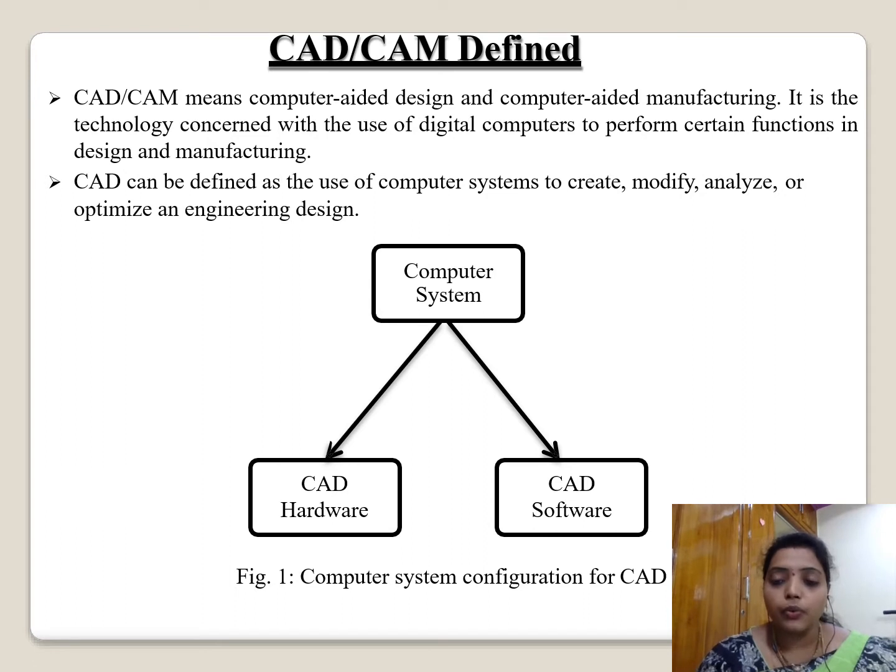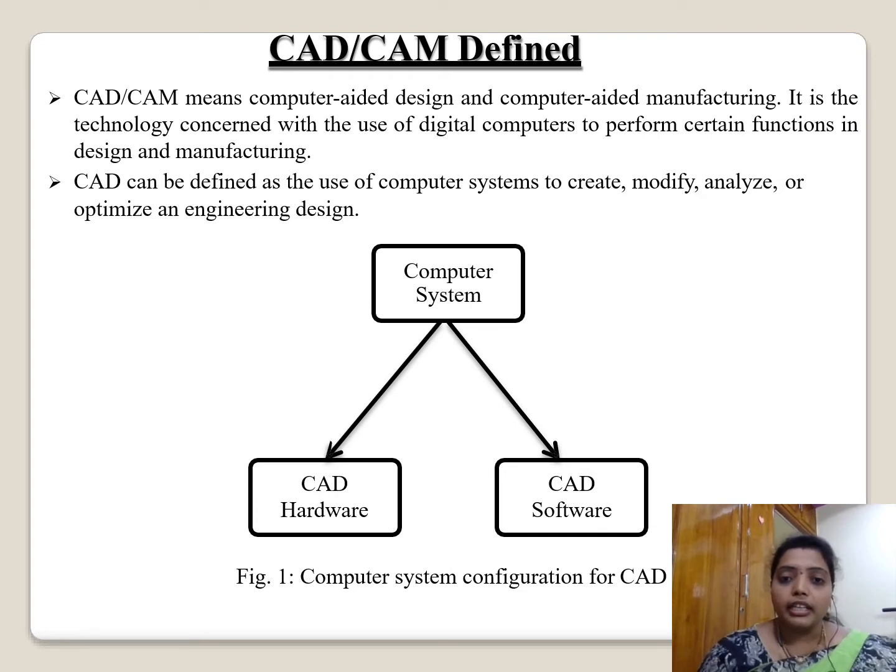In engineering we take the product design into the CAD software, analyze all of it and improve the design of the object. Next it goes through CAM. CAM means the manufacturing process. It goes through the manufacturing process and afterwards the required object is ready in the industry.